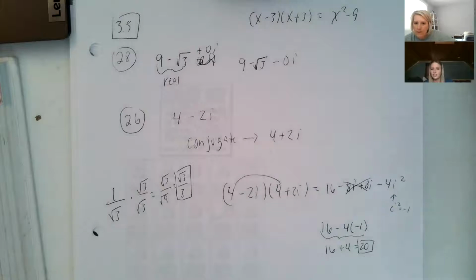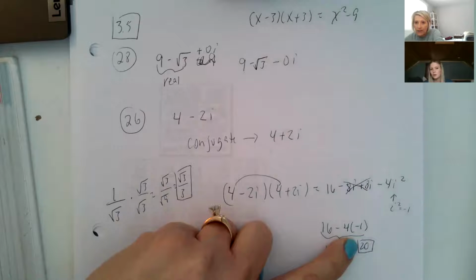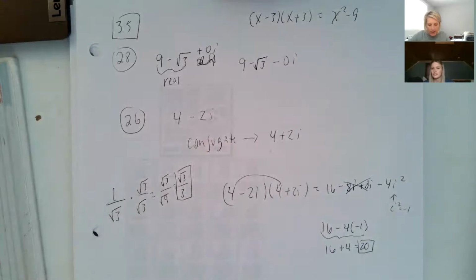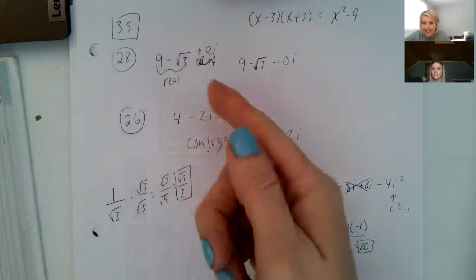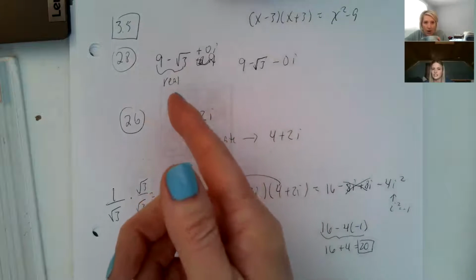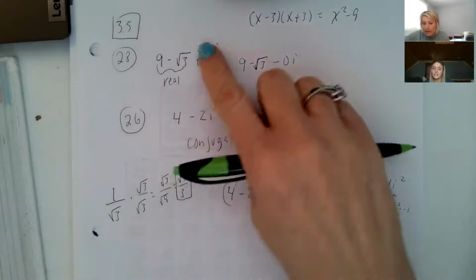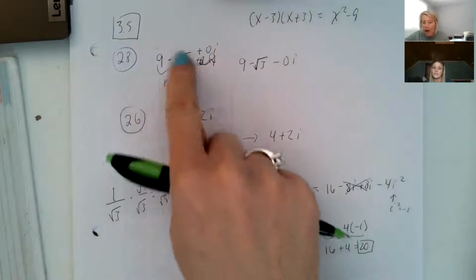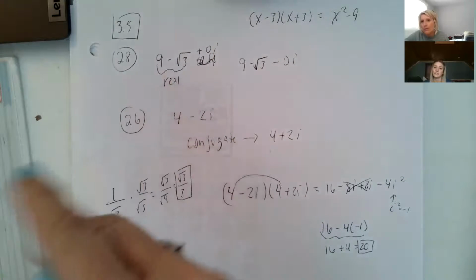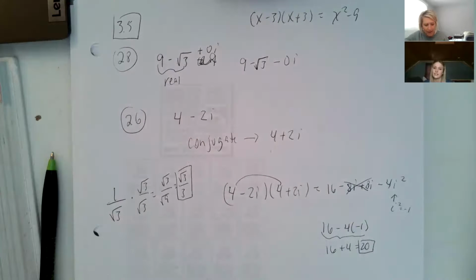Is 28 already solved then? So this number 20? No, 28. So 28, yeah, it's just 9 minus square root of 3 because that is a real number. So the complex conjugate would just be 9 minus 3 square root of 3 because that's all a real number. Even though square root of 3 is an irrational number, that's all real. So I don't know why they did that.